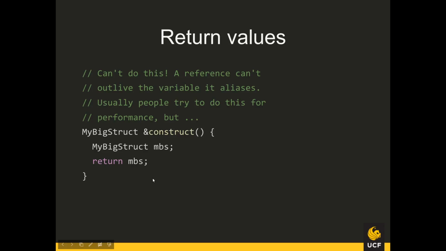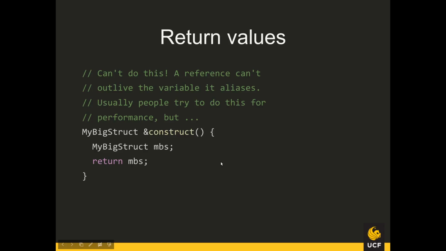Here you're trying to return it by reference, which means you're returning an alias to it. But as soon as you finish the return statement and go back to the caller, this is out of scope and is destroyed. So the reference is now pointing to nothing. So the compiler just won't let you do that.